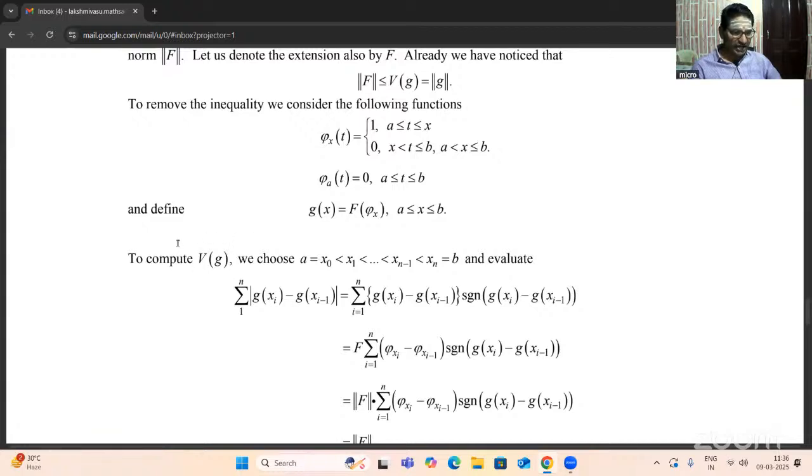So how do we compute the value of V of g, the total variation? So here there are values in between a and b. Those values of x are called x0, x1, and so on up to xn. Okay. So these are all partition points. This is called the partition of x: x0, x1, x2, and so on, xn minus 1.